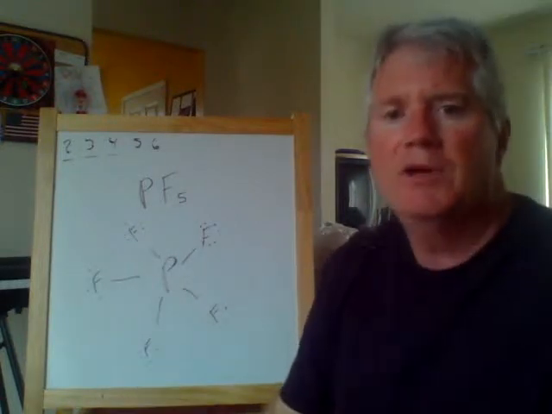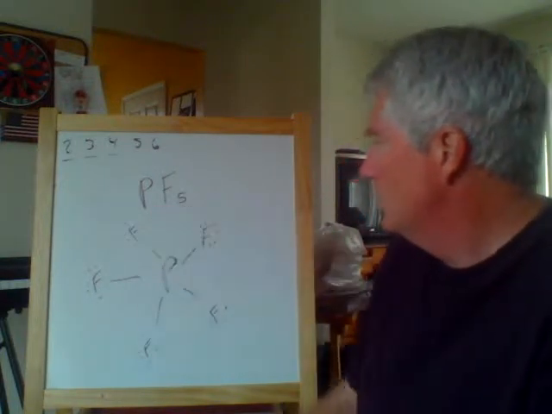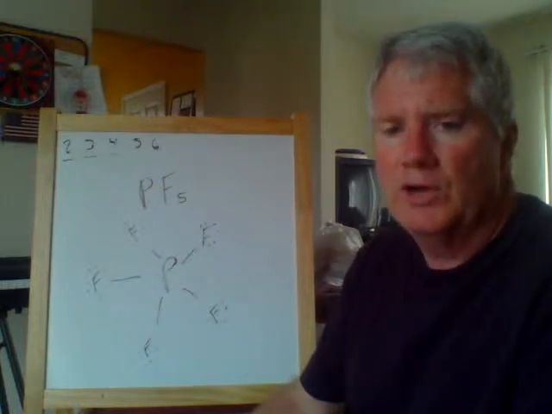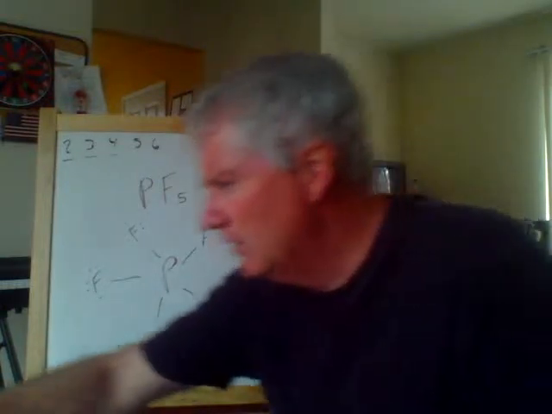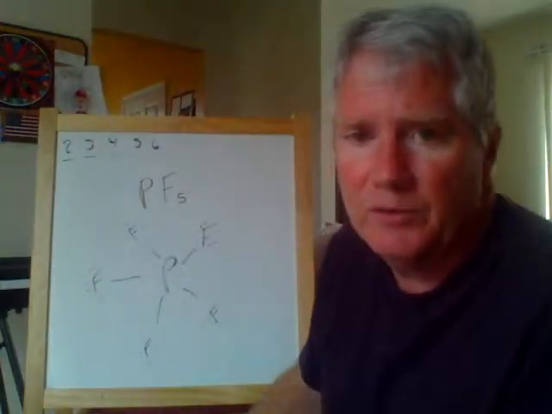That'll be a very common question that I think you'll definitely see. So in this case, the shape of phosphorus pentafluoride is trigonal bipyramidal. It's right out of your book; in mine it's in figure 10.7. It shows this exact example, phosphorus pentafluoride.